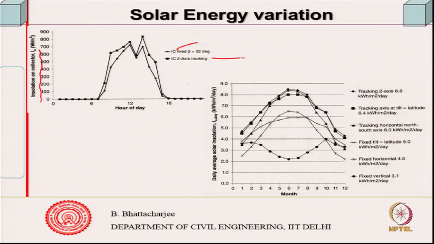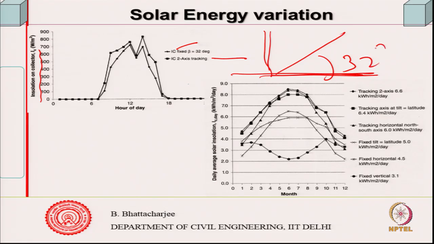I keep it at a fixed angle, for example, the tilt angle as we call it. So, this tilt angle, if it is horizontal, it is 0. If I keep it at a certain angle, beta equals 32 degrees, let us say. So, this is 32 degrees, solar radiation falling like this.